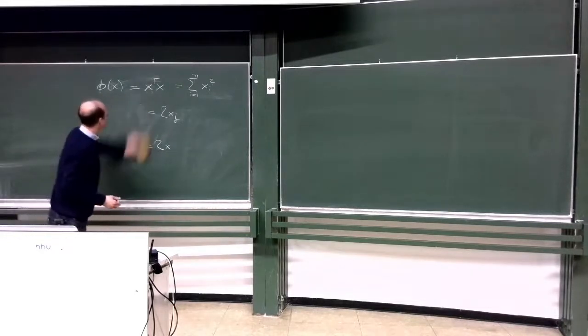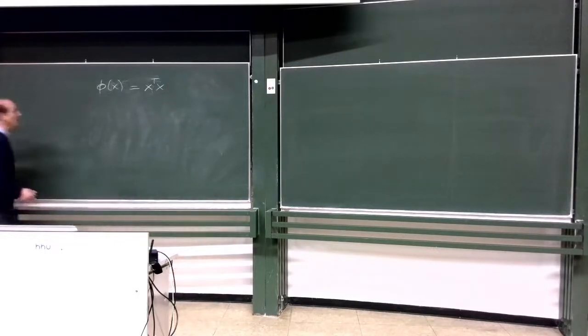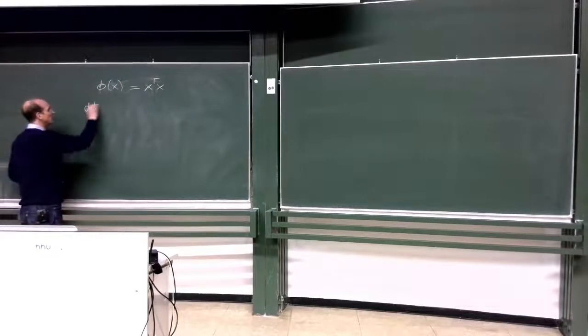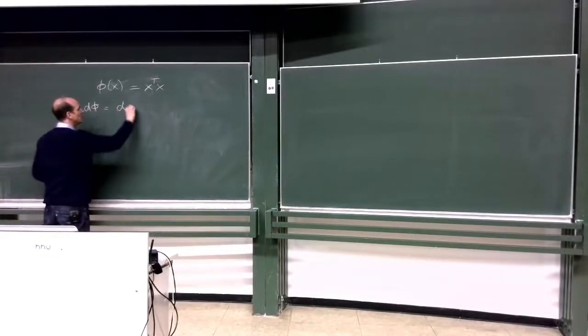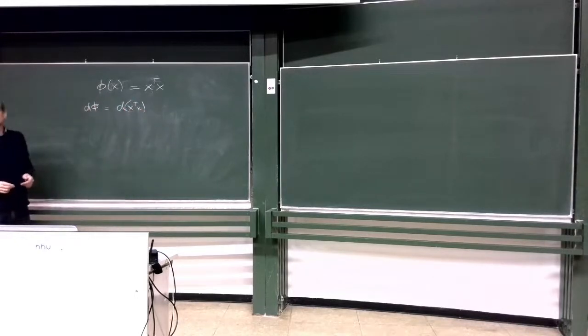Okay, so let's avoid this and let's just apply now our calculus here. So I'll put the letter d in front of the phi, which is d in front of the x transpose x. I now put a little bit too many brackets here, but that should make it more clear.